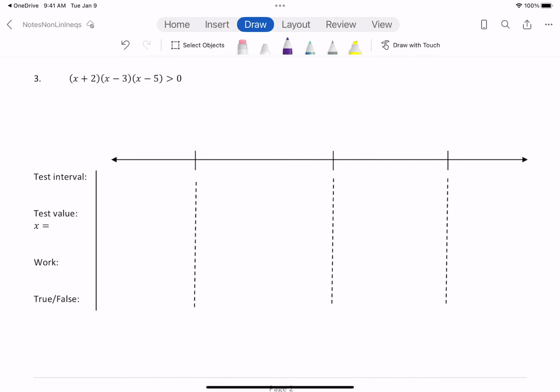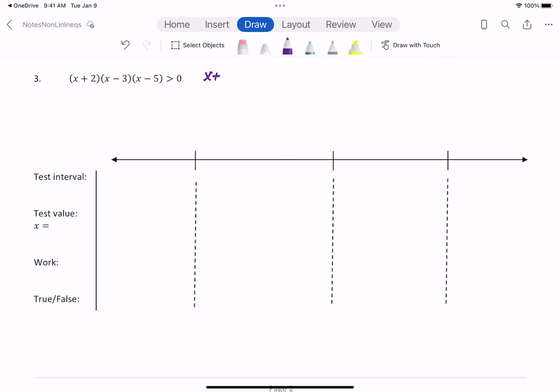Of course, the only difference with this one is you notice I have 3 binomials being multiplied. So this one isn't a quadratic, it's not a parabola, this one is a cubic. But we're going to work it the same way. It's just that we're going to have 3 endpoints, so we have 4 regions, okay?